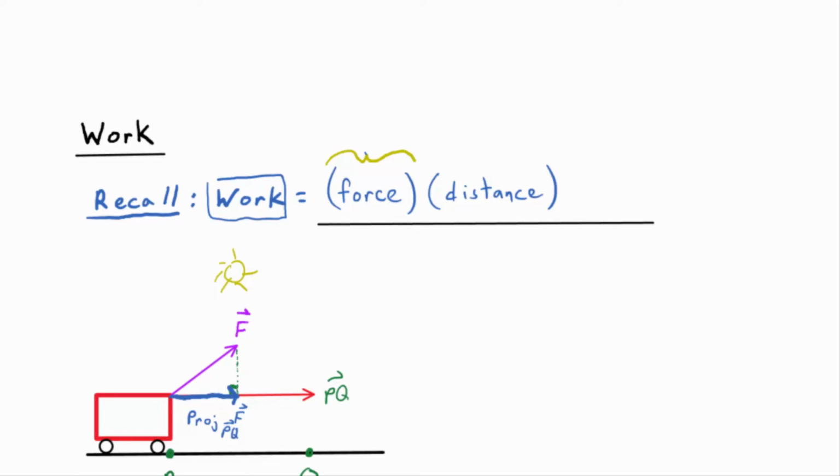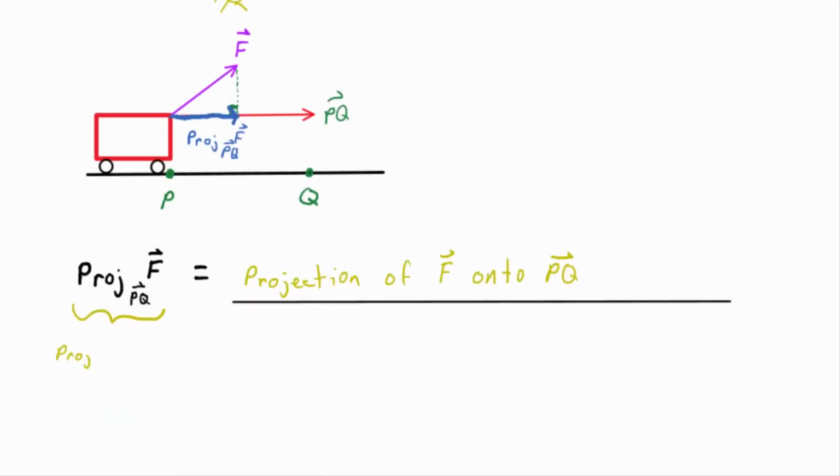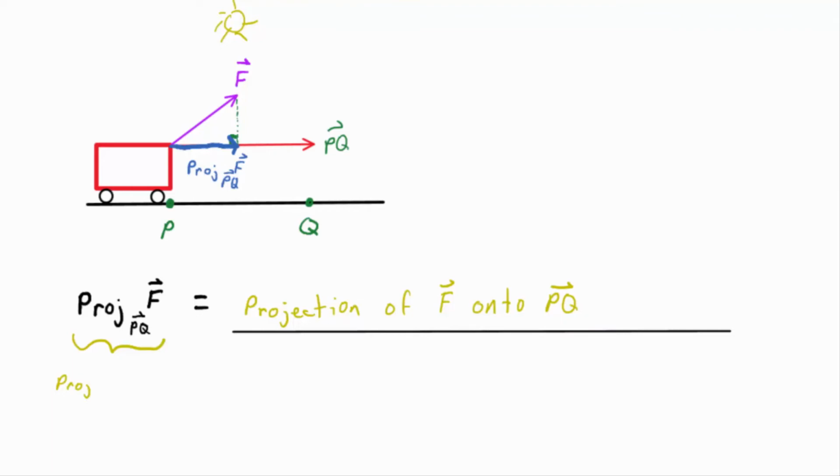So a way to rewrite work in terms of the projection of F onto PQ, well, we're going to use the magnitude of that, because remember, the work is actually a scalar. So let's look at the formula for work. That must be the magnitude of the projection of F onto PQ times, well, PQ distance-wise would be the magnitude of PQ, right?